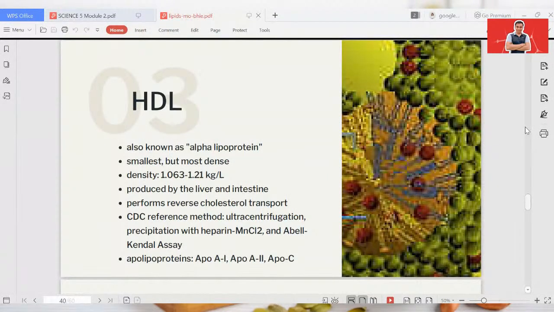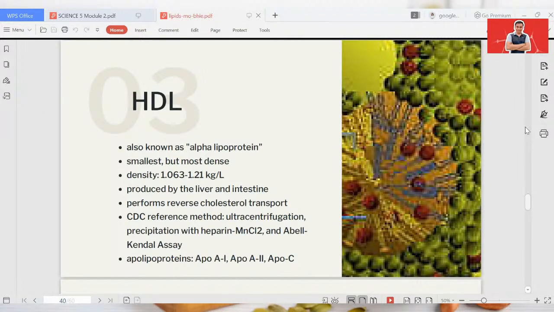The next one is the HDL or high density lipoprotein, also known as alpha lipoprotein. It has another name too.